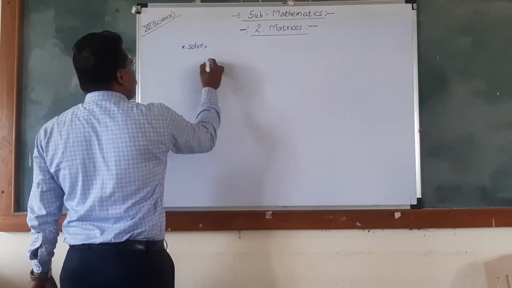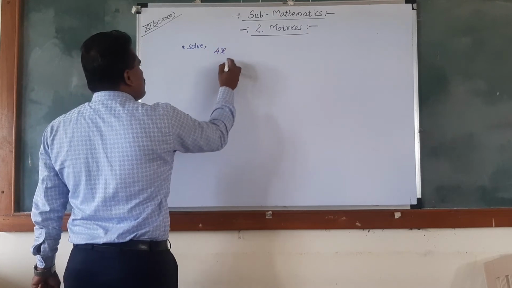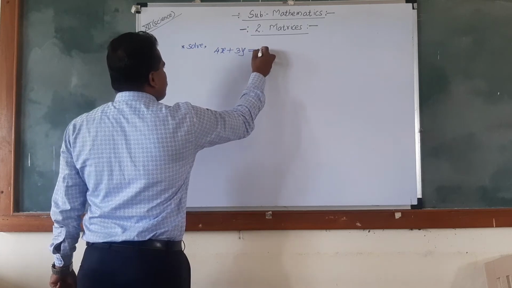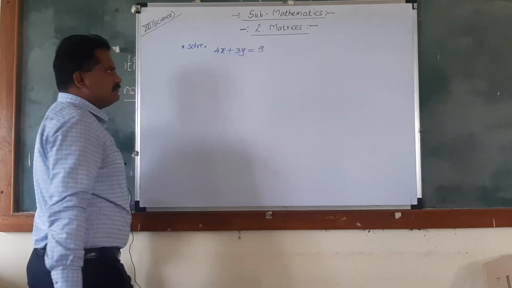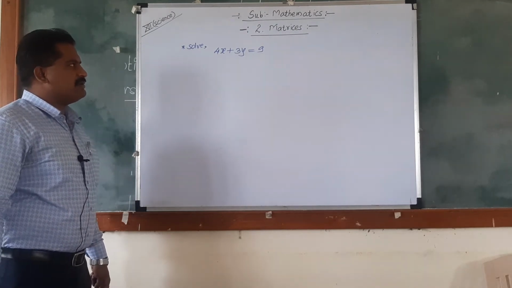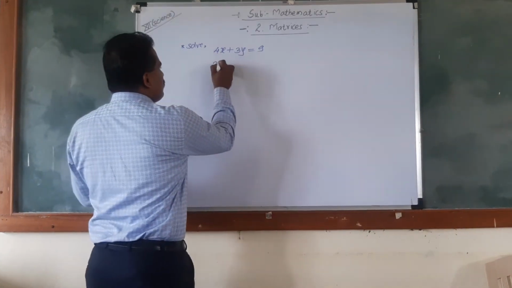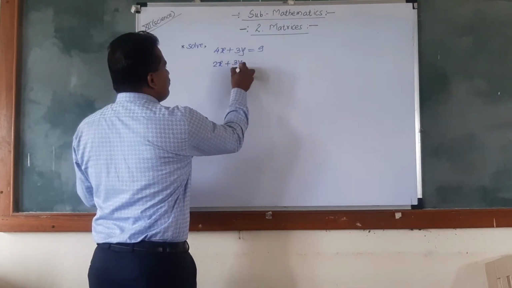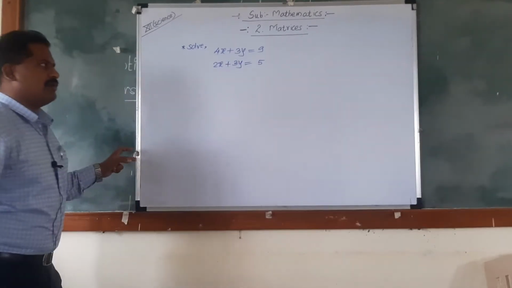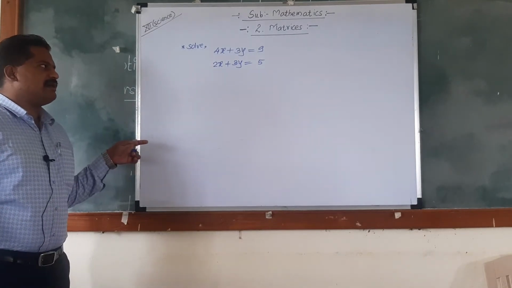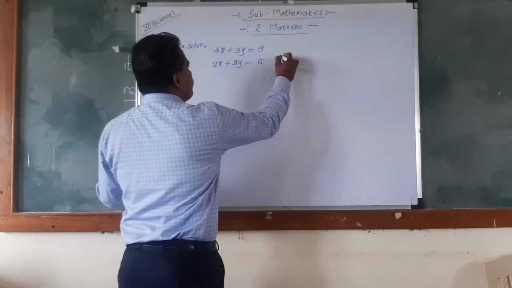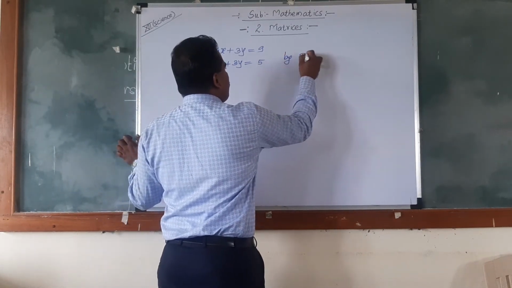Solve 4x plus 3y is equal to 9, 2x plus 3y is equal to 5, by inversion method.